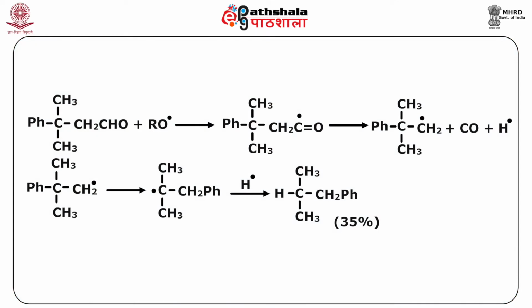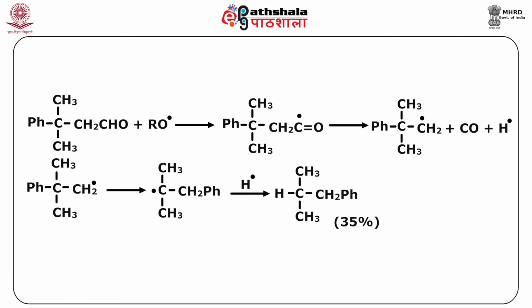Free radical rearrangements are observed in specific structural types. Some examples of free radical rearrangement are as shown here. We can see that when a free radical reacts with the given carbonyl system, a carbon radical is produced at C double bond O, wherein a further rearrangement takes place, leading to the loss of carbon monoxide and formation of a primary carbon radical, and also a hydrogen radical is released along with it.